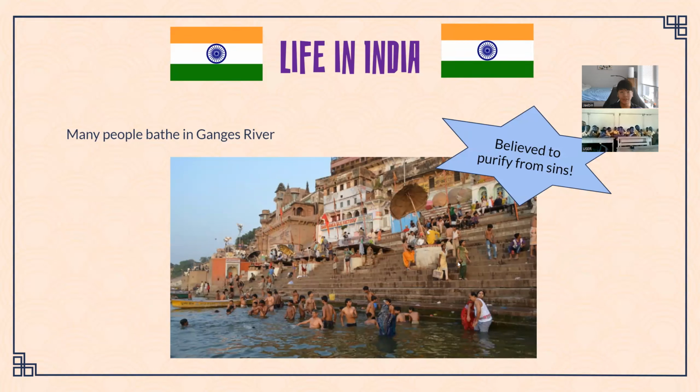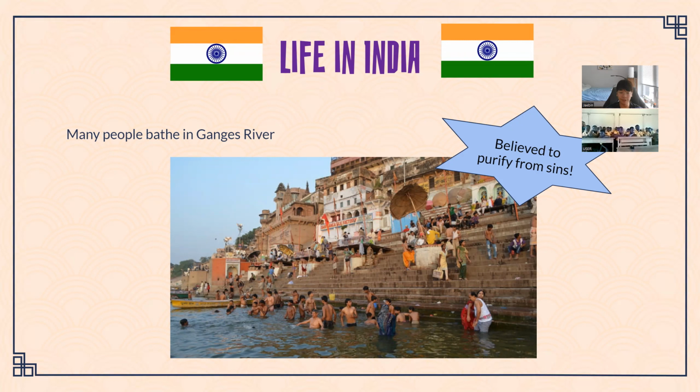Also, I would like to note that in India, many people bathe in the Ganges River. It's also a really famous river in India. They often go to bathe because they believe that bathing in the Ganges River purifies them. It's a common belief in India.